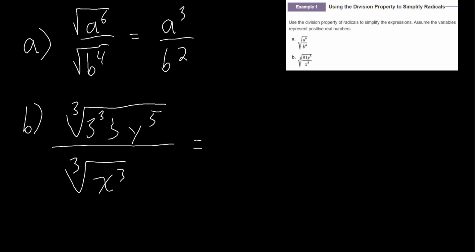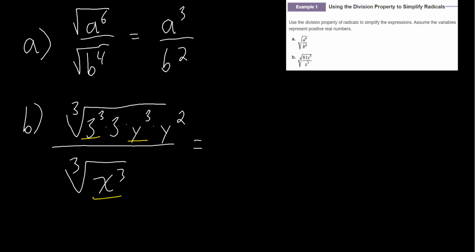And then y to the fifth, well, y to the fifth is y cubed times y squared, right? Okay, so we did this deliberately because we're going to take out the perfect cubes.